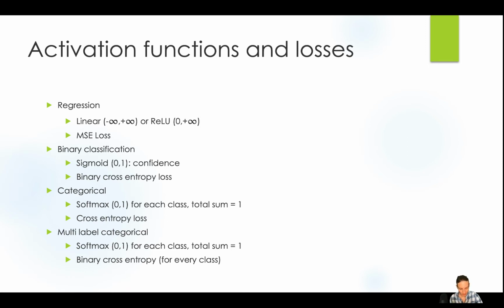So how does this look? Imagine for softmax we have 3 possible classes, class A, B, and C, and our softmax layer might output 0.1 for class A, 0.3 for B, and that means, by definition, that C needs to be 0.6.